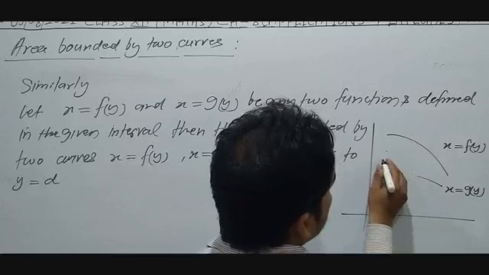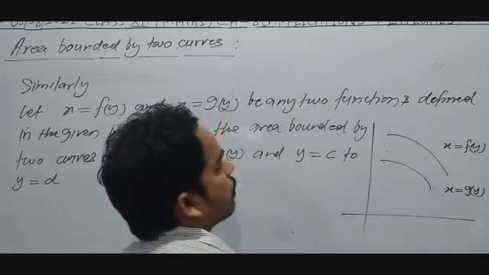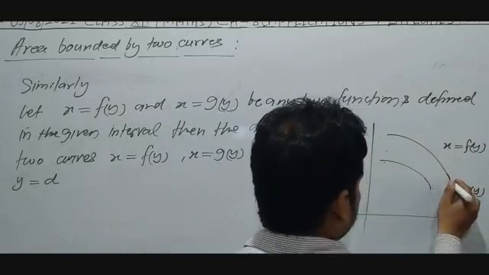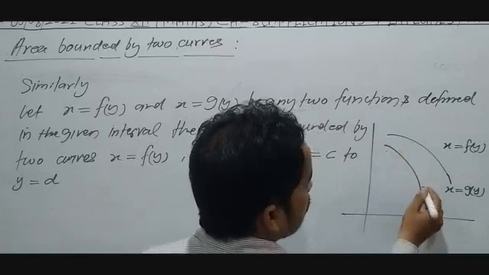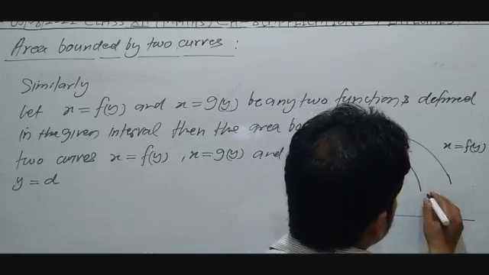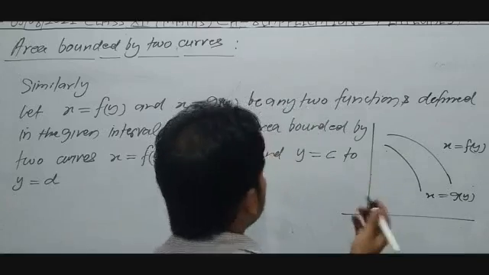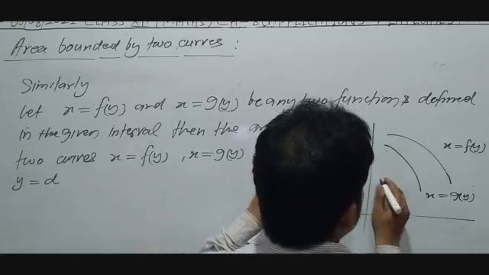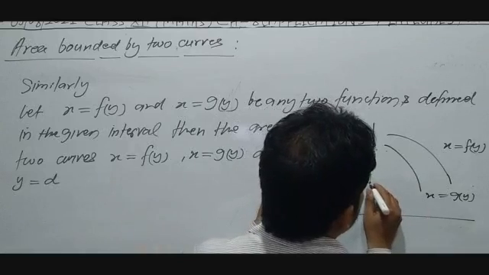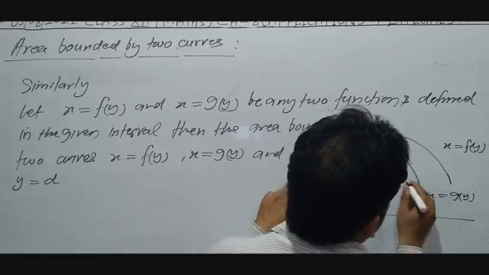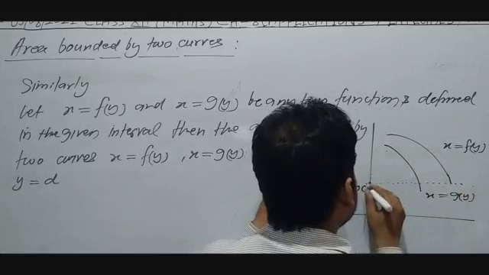We draw a line parallel to x axis or perpendicular to y axis, passing through the point (0, c).